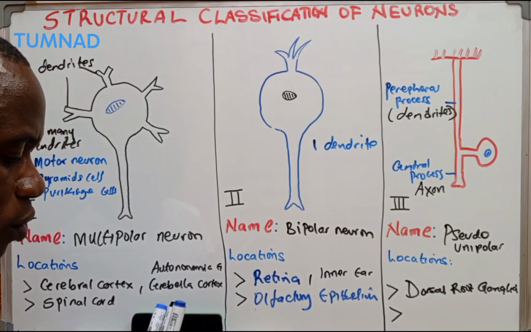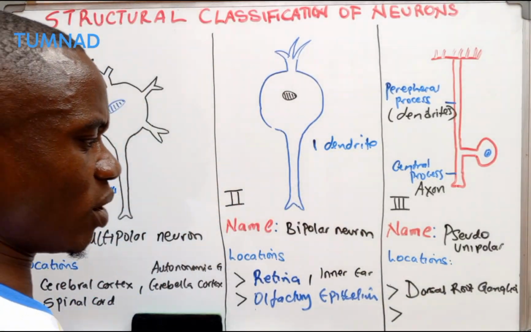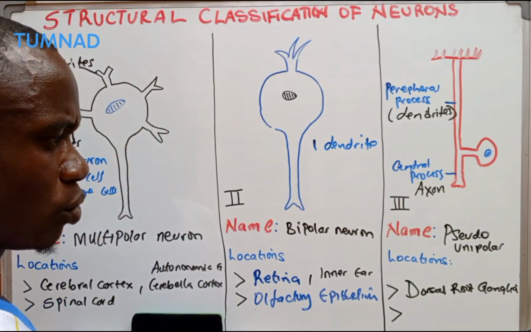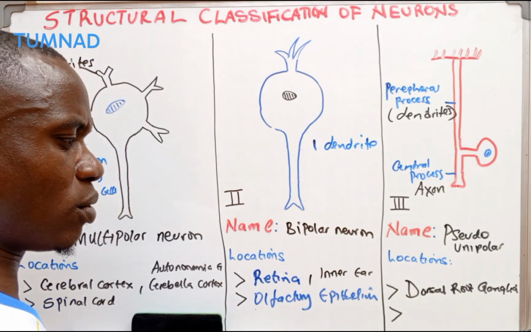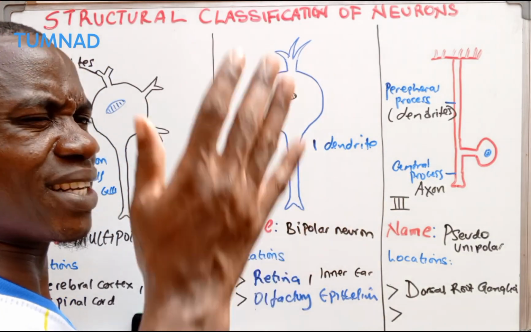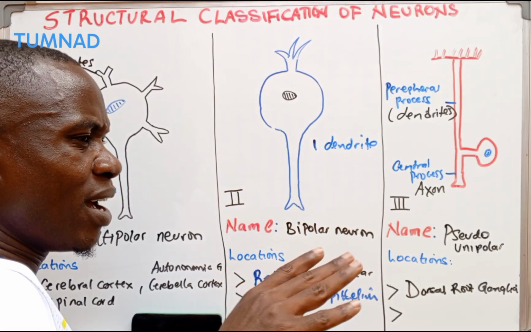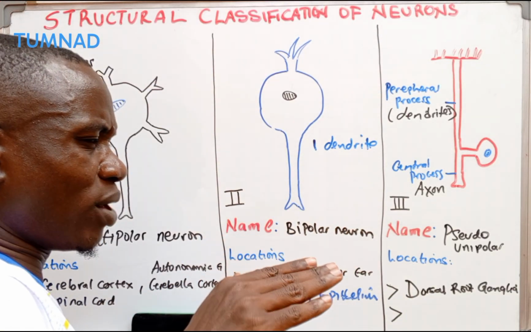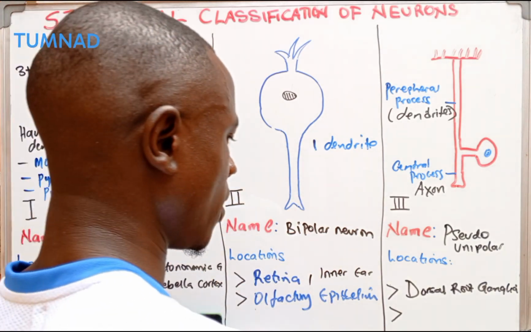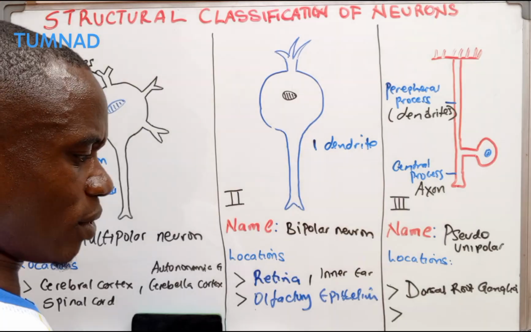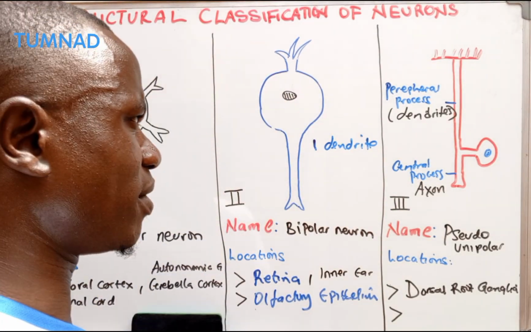The dorsal root ganglia is one of the most important areas where we find pseudounipolar neurons. It is at the back of the cross section. If you cut a cross section of the spinal cord, you will see the dorsal root. Just before you enter the dorsal root, we have a collection of neuron cell bodies, which we call the dorsal root ganglia. Okay, what else? Where else can we locate these kinds of neurons?